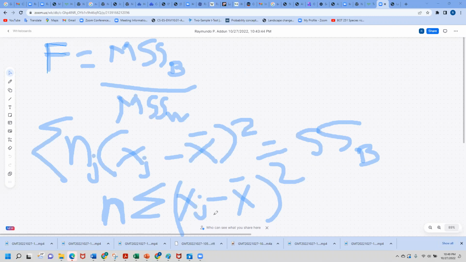So you can get the sum of the difference of each mean from the grand mean squared times n. So this is also SSB.